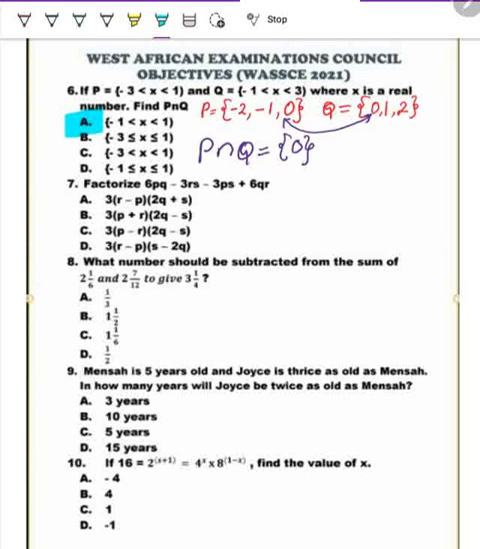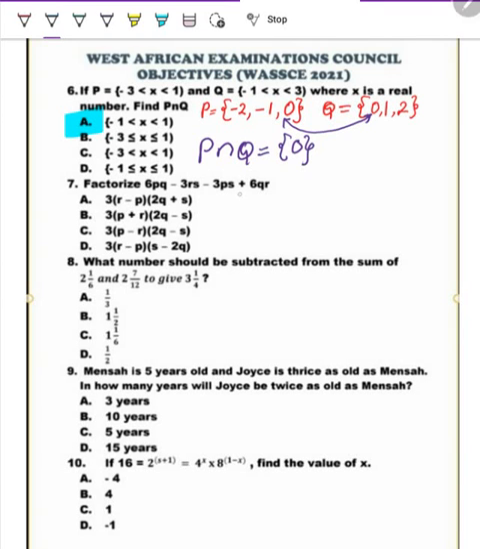All right. Number 7. Factorize 6pq minus 3rs minus 3ps plus 6qr. So we are simply going to rearrange the expression.